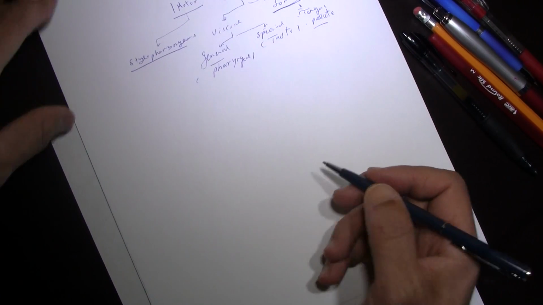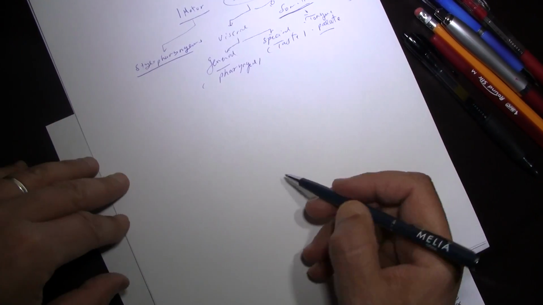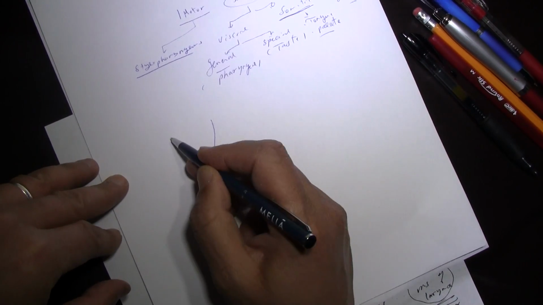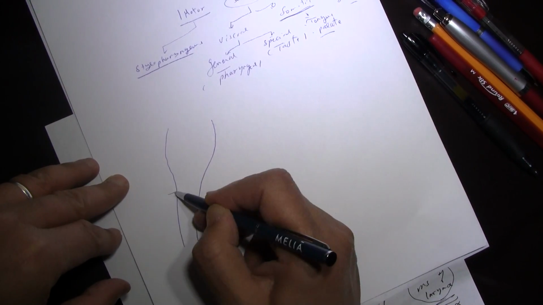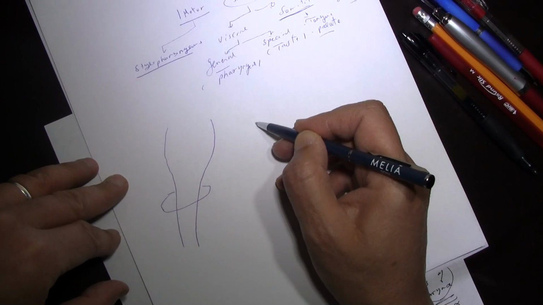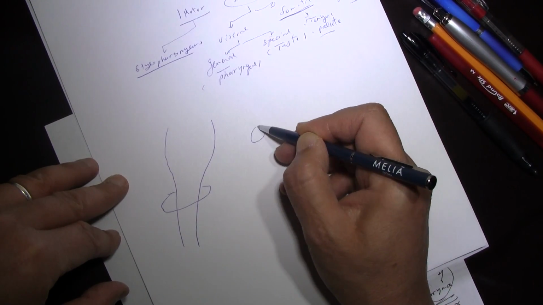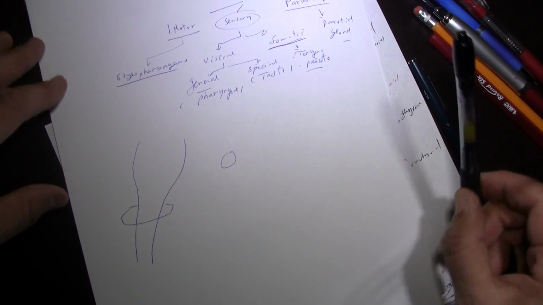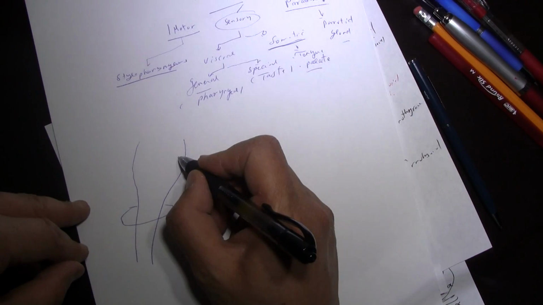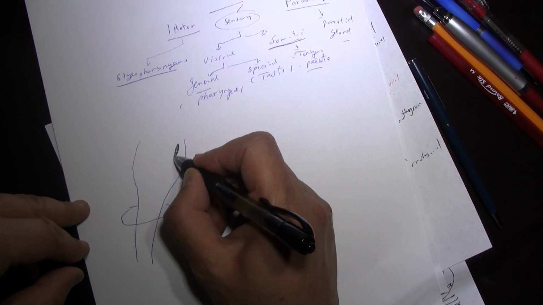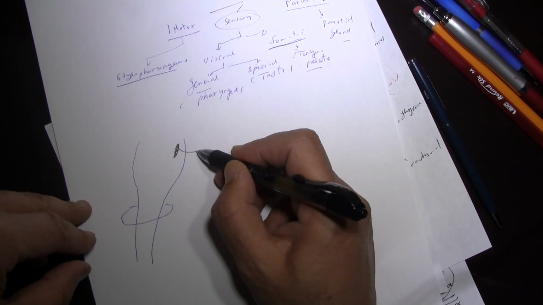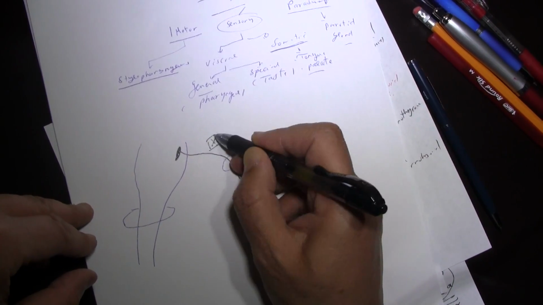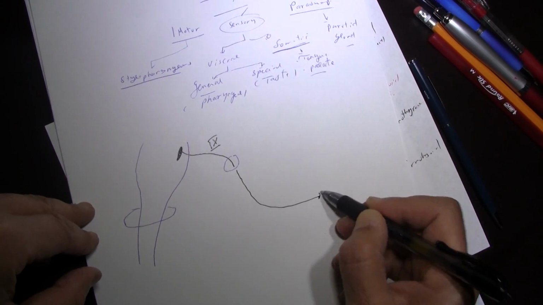So let us talk about it from the beginning. Here is the brain, medulla, spinal cord, and foramen magnum. Here is the jugular foramen, where the glossopharyngeal nerve comes out. We have the nucleus ambiguus, which gives the motor root of this nerve, going to which muscle?